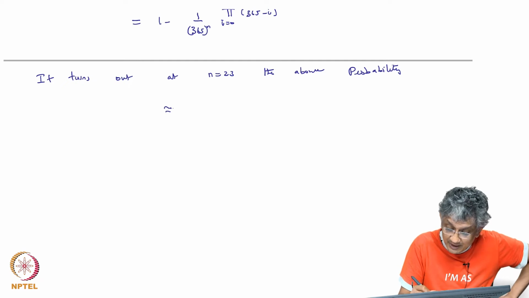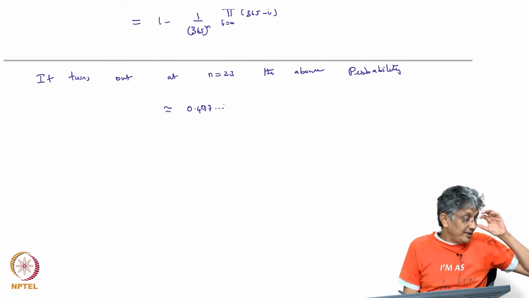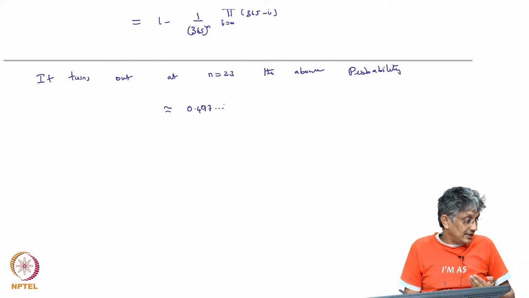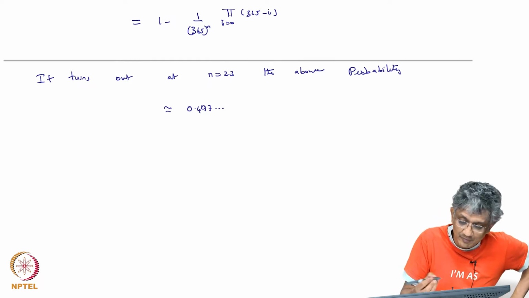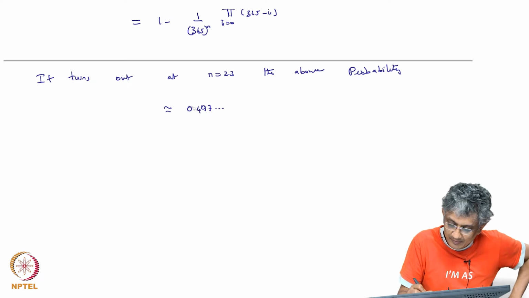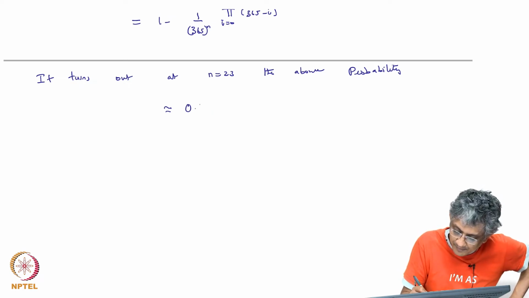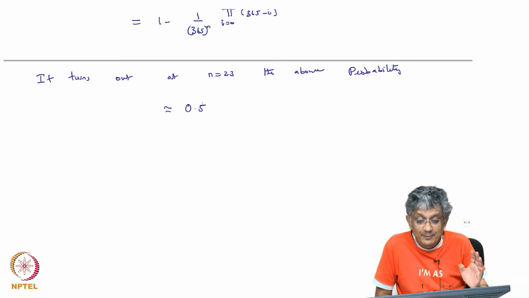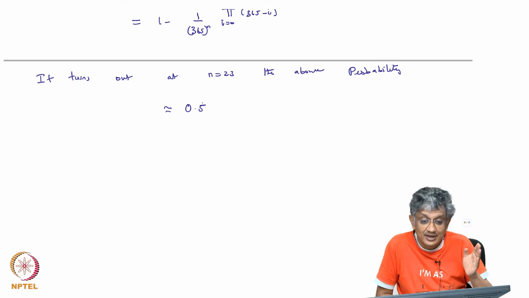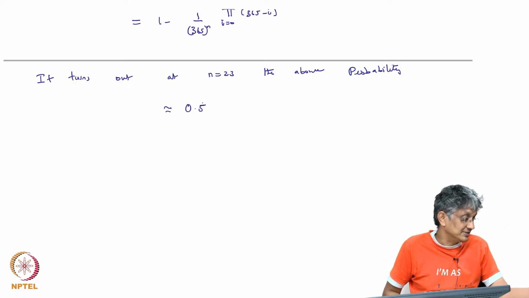The probability of no shared birthday is approximately 0.497, so 1 minus that is about 0.5. That means if you have 23 people, the chance that at least 2 of them will have the same birthday is more than 50%. So it's quite a high chance that you'll find people.